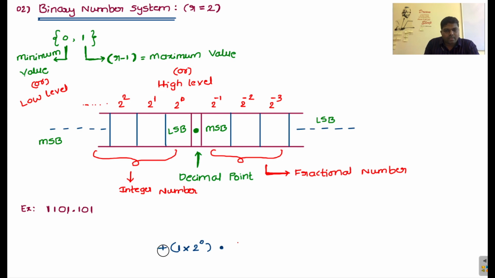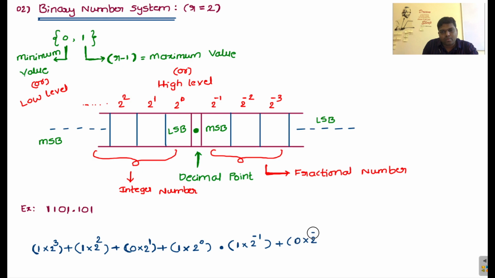Next plus, second position is 0, that is 0 into 2 power 1, plus third position, 1 into 2 power 2. Fourth position, 1 into 2 power 3. This is your integer portion. Next the fractional portion: the first digit is 1, so 1 into 2 power minus 1, plus the second digit 0 into 2 power minus 2, plus 1 into 2 power minus 3.